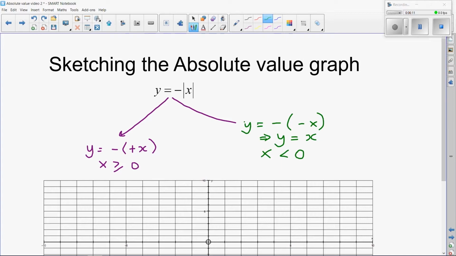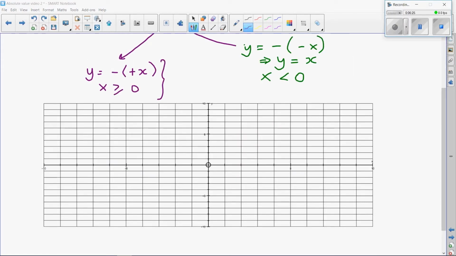So once again, we're going to use the substitution method to plot this graph. The first graph that I am going to draw is the graph of y equals minus x for all positive x values, including 0. So if we substitute 0 into y equals minus x, we get y equals 0.